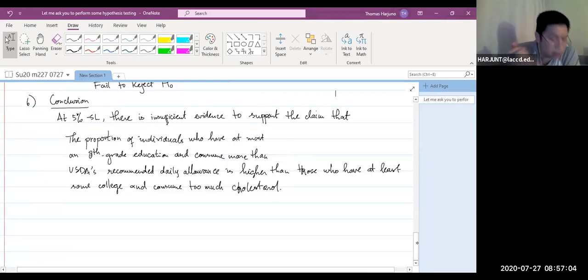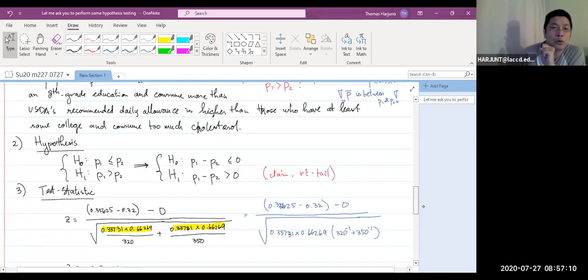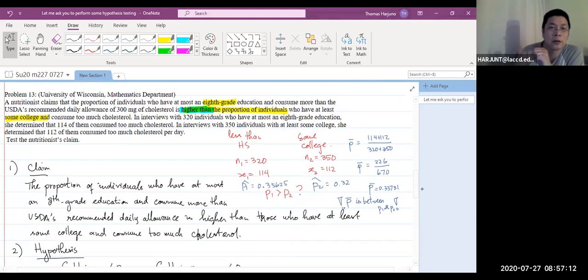Okay, so from here we see that at least with these two groups, we found out that your education level doesn't really affect, maybe I should say, not significantly affecting your diet in cholesterol.